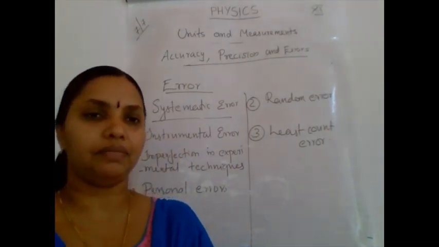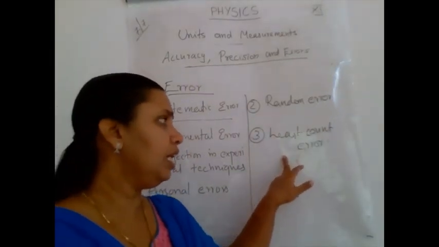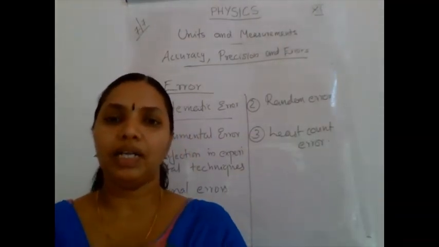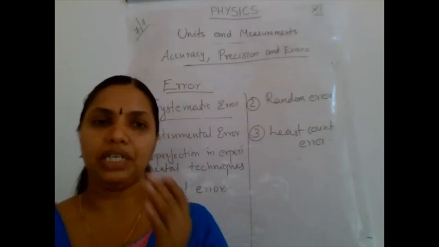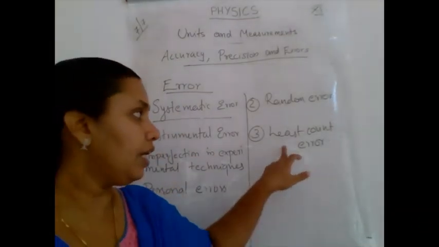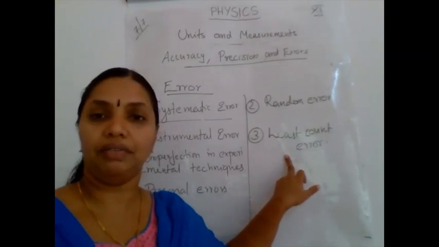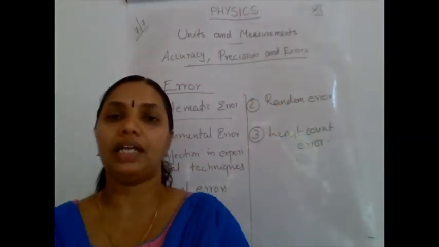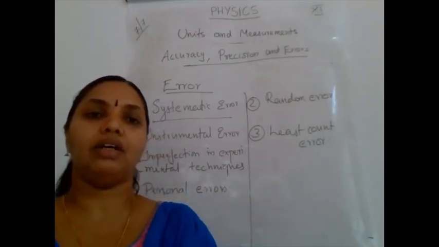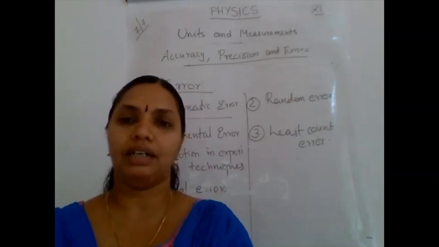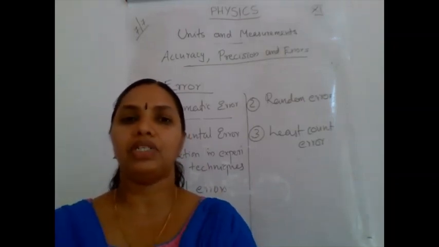And the last one is least count error. I told you what the least count is. While making a measuring device or instrument, if there is an error in the least count of the measuring device, that causes error in our measurement also. That is called the least count error. If it is not properly marked, that will affect the precision of the measurement and the final result also.